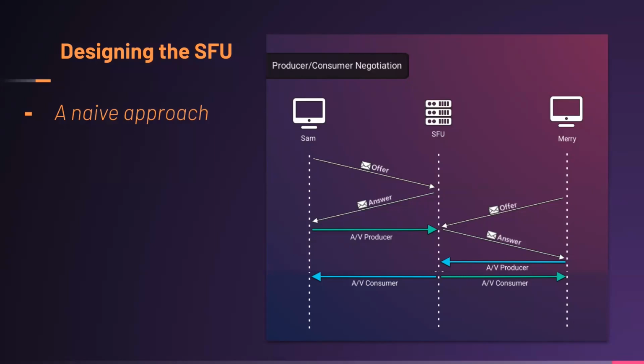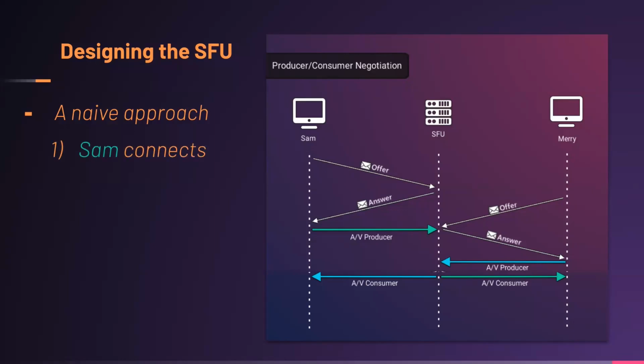With a central server, in our case, the SFU, is actually going to create individual WebRTC connections with each peer. So our first idea was, in order to forward streams, what if we simply added each user's upstream media stream information to another user's existing connection and sent it downstream?